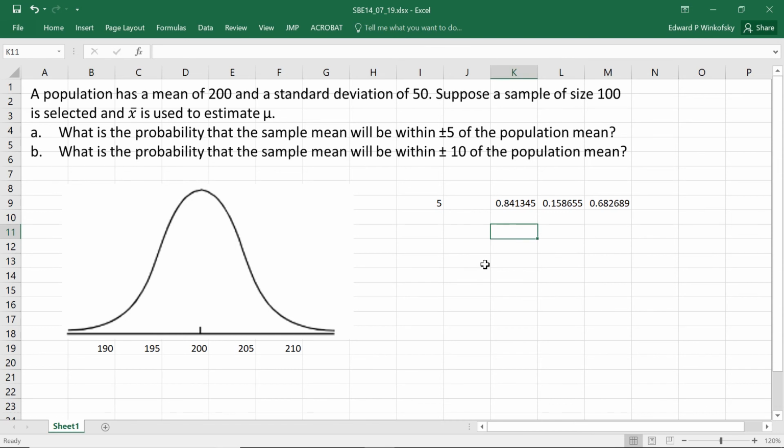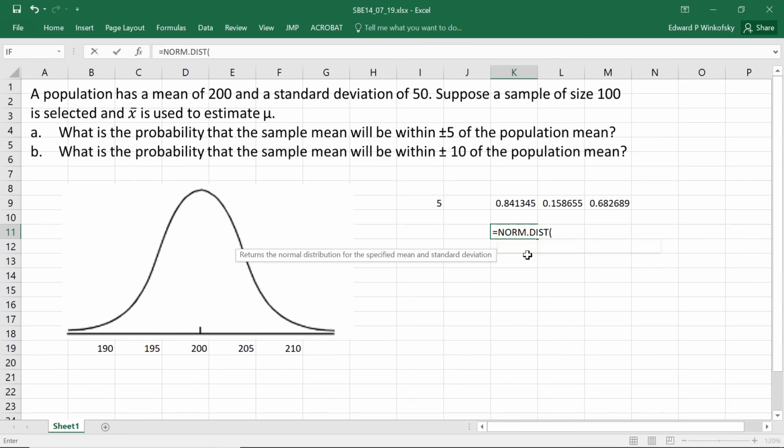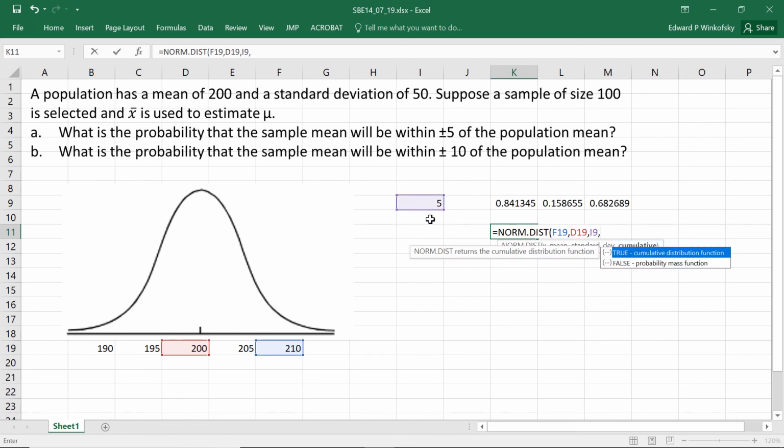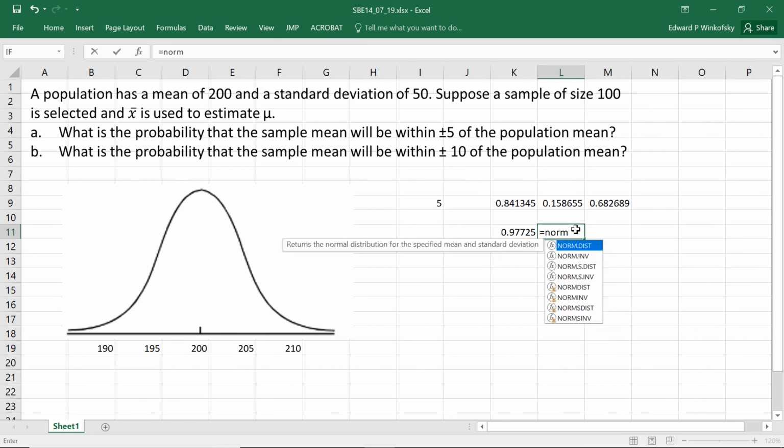So I'm going to use NORM.DIST. Now the value I'm going to use first is 210. The mean remains the same at 200. The standard error is going to be 5, for the standard deviation. And of course I want cumulative, so I put in 1, and that gives me 0.97725. I do exactly the same thing for 190.